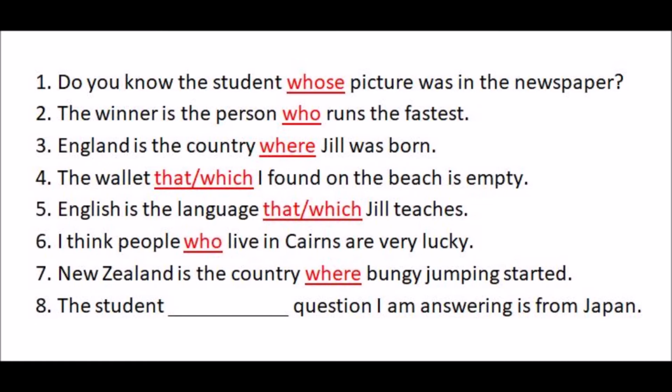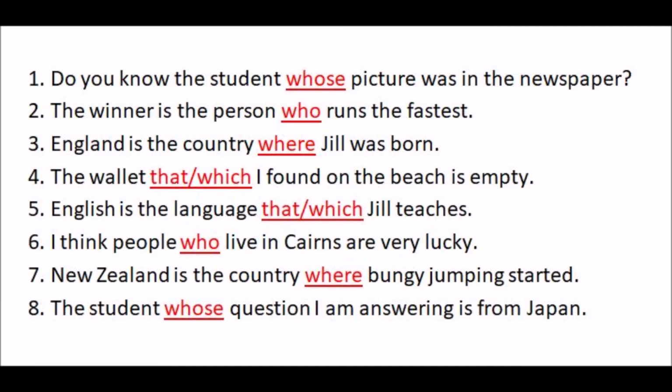And finally, number 8, the student whose question I am answering is from Japan. And the answer is, the student whose question I'm answering is from Japan. Whose because the question belongs to the student, his or her question.